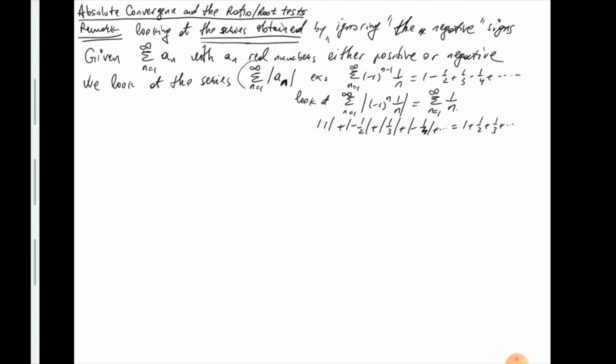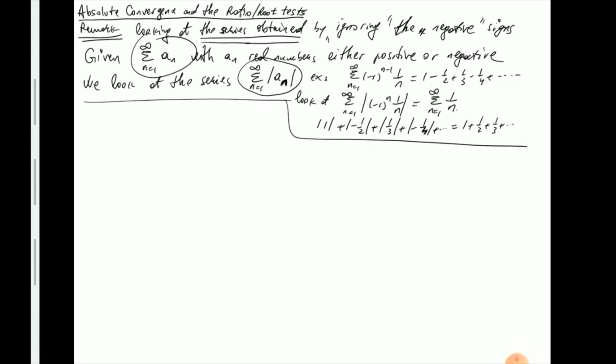So when you look at the series with the absolute value of a_n, you are essentially looking at the series obtained from the original one by ignoring the minus signs, or by replacing minus with plus. We do this because often the resulting series with positive terms can tell us a lot about the original series.